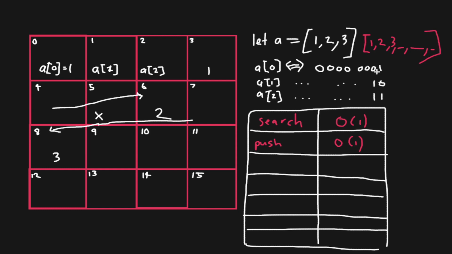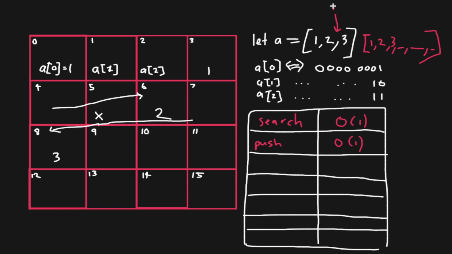But so let's say in this case we've pushed the number to the end, but what happens if we want to splice a number? So what that means is, let's say we have the numbers 1, 2, 3 here. Splicing means we can add in another number. So you can just call it insert as well.